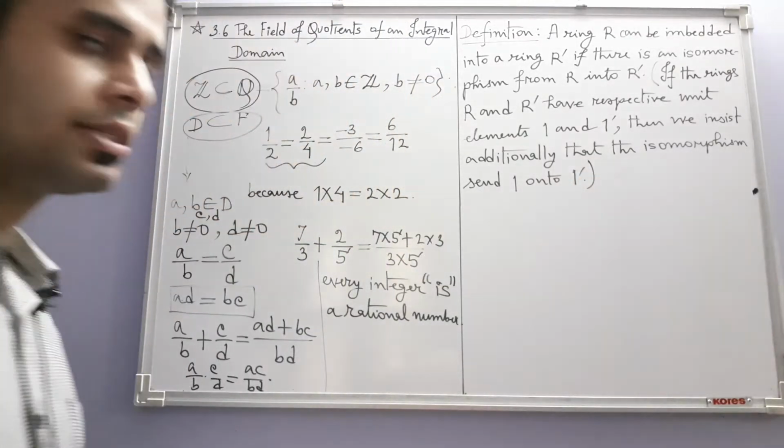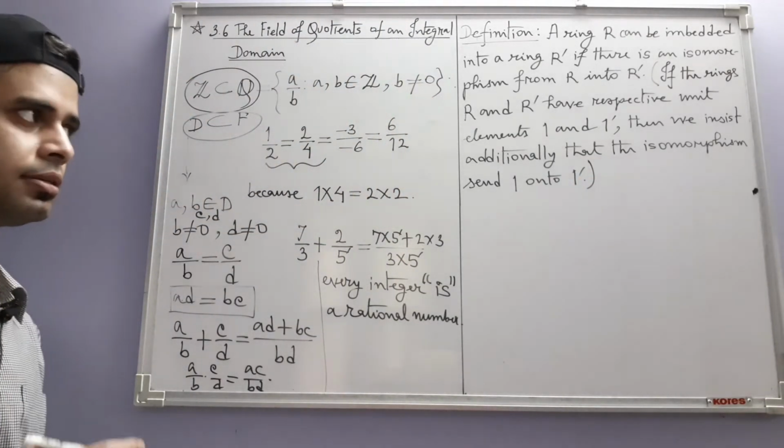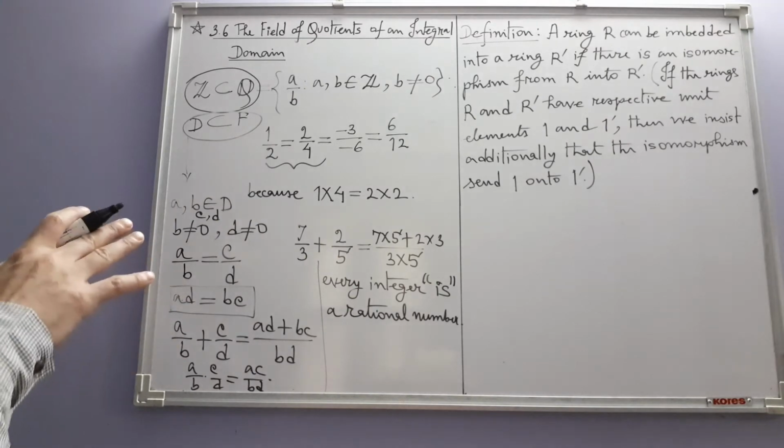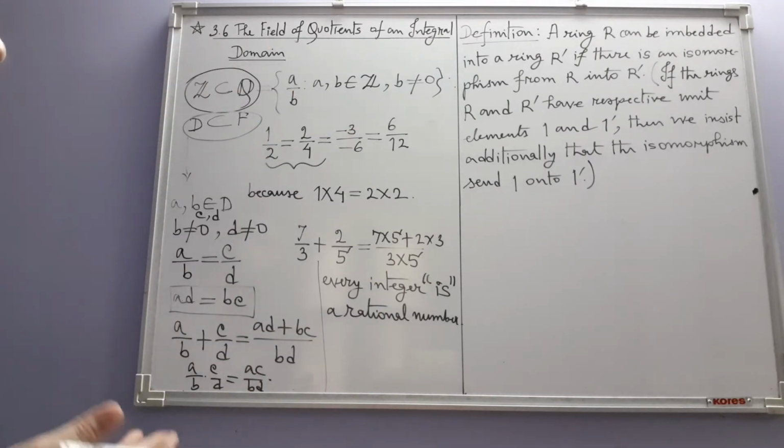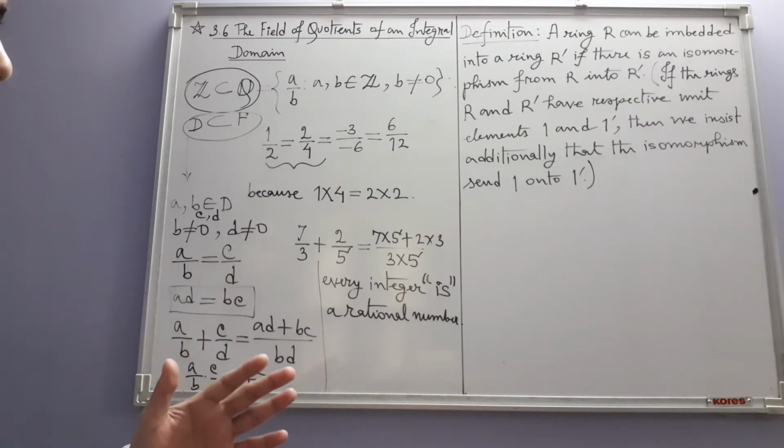So if the rings have unit elements, then we will call an isomorphism an embedding if it also sends the unit element of the first ring onto the unit element of the second ring.